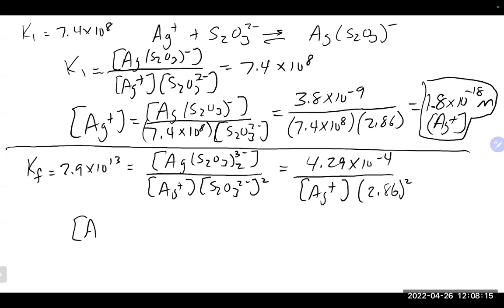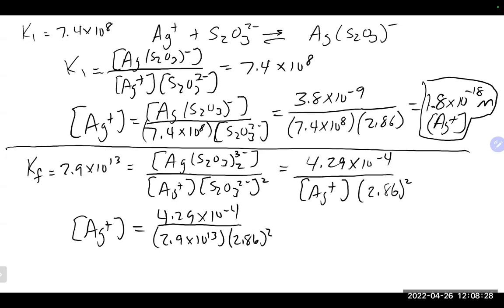Rearranging would give our silver concentration is equal to 4.29 times 10 to the -4 divided by our 2.9 times 10 to the 13 times our 2.86 squared, and you should end up with the exact same answer that we got there. So you could have used the overall equation and the KF like we did in the first one to first get the silver concentration.